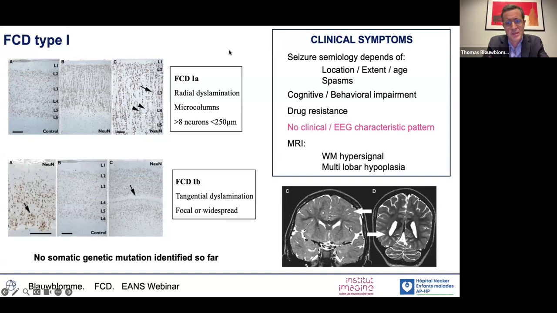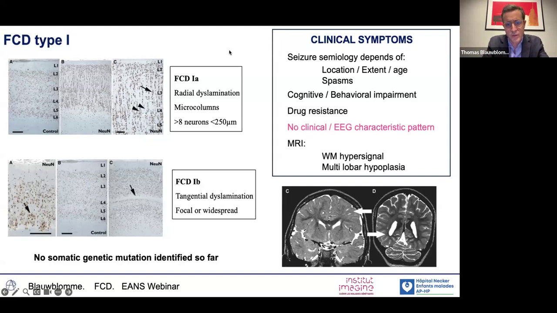And one of the main points is that this disease is not very well limited, on the imaging, on the histology, but also during electrophysiology. What is really important is that often these diseases are pretty widespread, expressed early during development, and encephalopathy with spasms may be one of the clinical expressions of this disease.